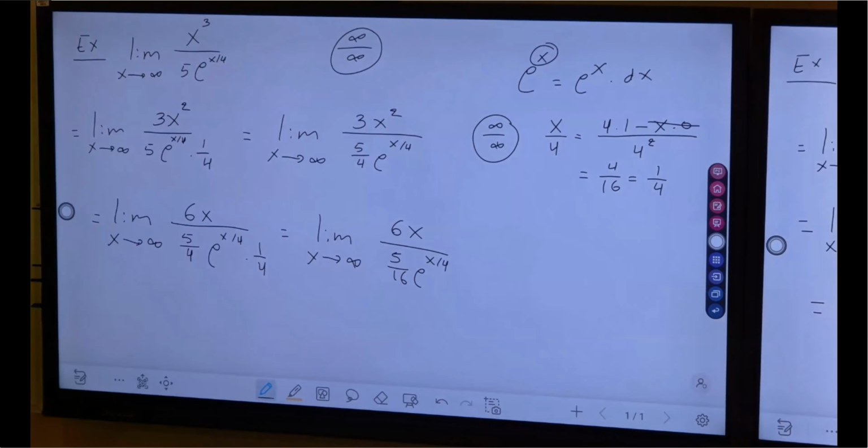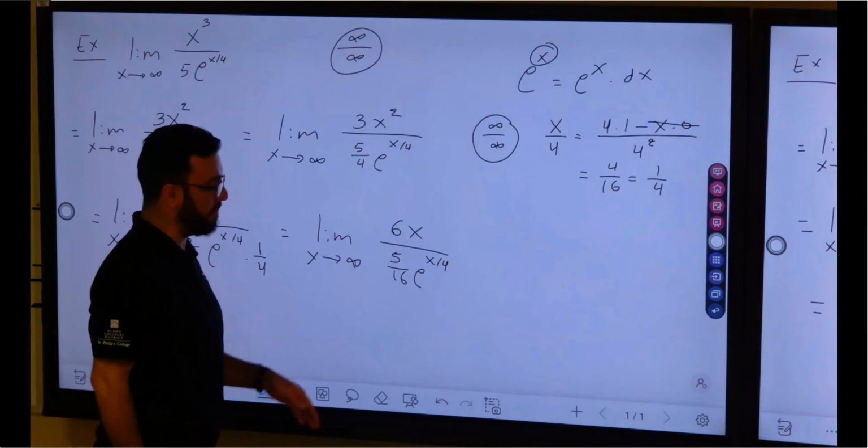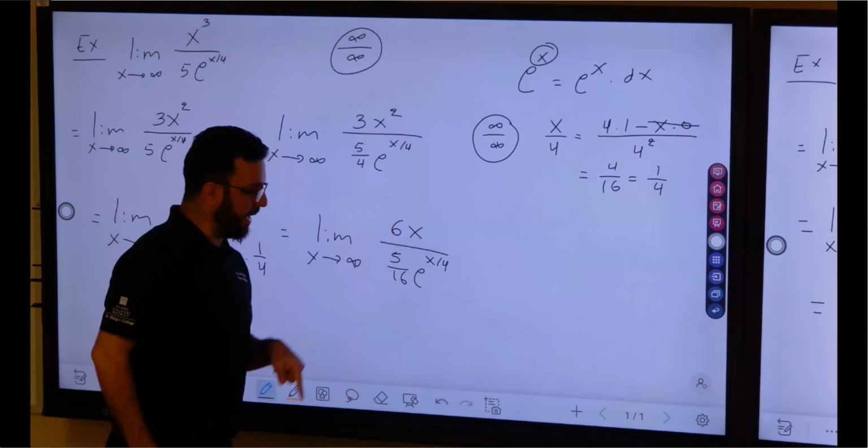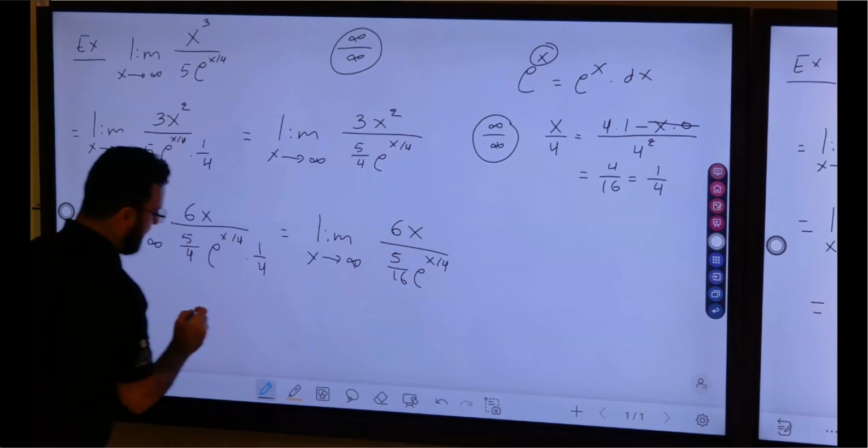Now what's the next step? You could take it again. Can we? Yes, we can. We're going to keep going, but what's going to happen? It's going to be 6 over 5 over 64. Do the derivative again.